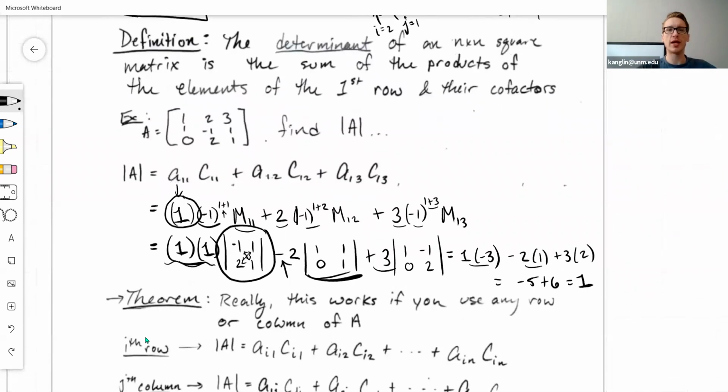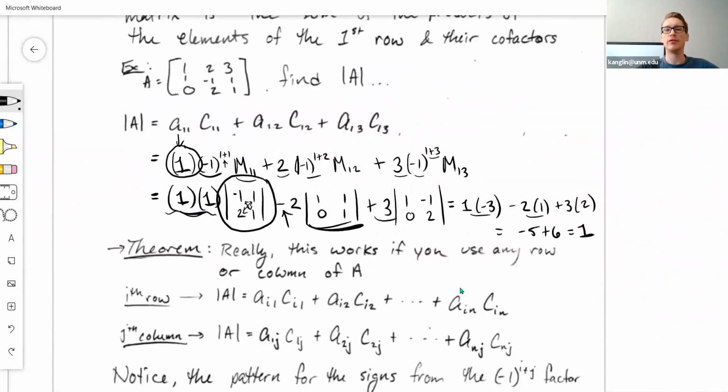For example, you could expand in any of the i-th rows, i equals 1 through n, or you could expand in any of the j columns, j equals 1 through n. And the determinant takes a form that looks something like this when we write it all out in our notation. Just like for the 3 by 3 case, expanding in the first row gave us this.